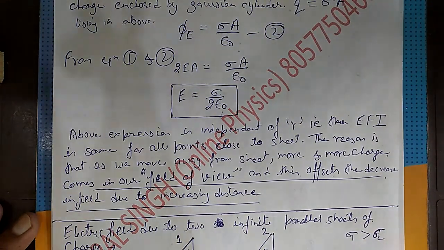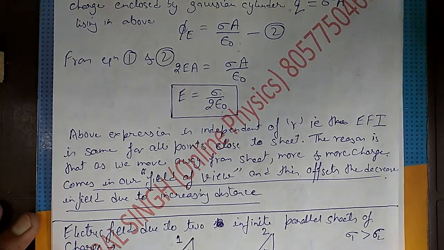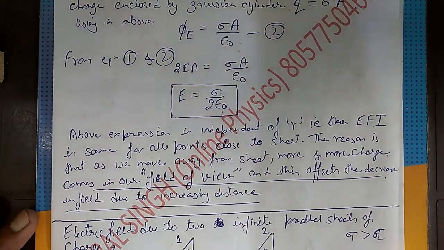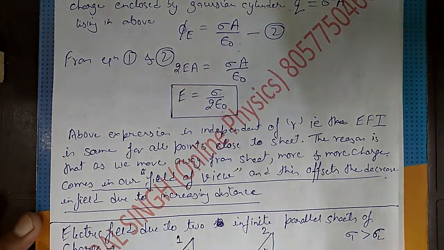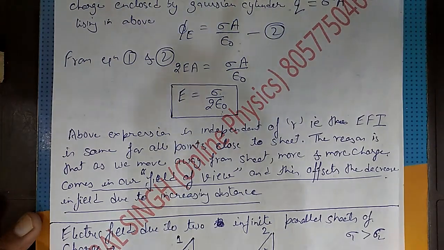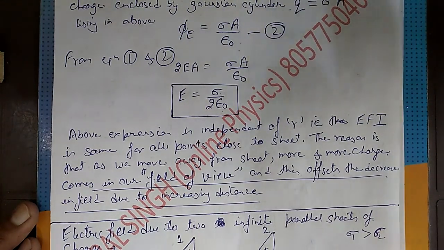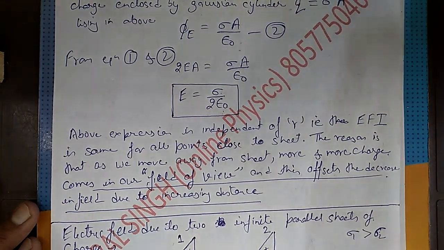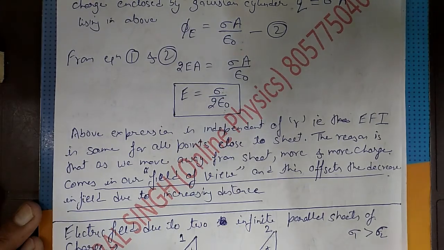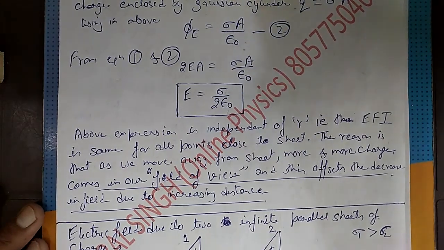We all know that with distance electric field decreases, but with an increase in charge, electric field increases. Now here what happened? Distance is increasing, but charge is also increasing. So the decrease in field due to increasing distance is cancelled by the increase in charge.